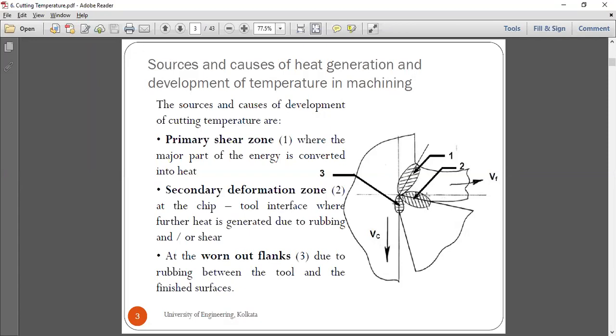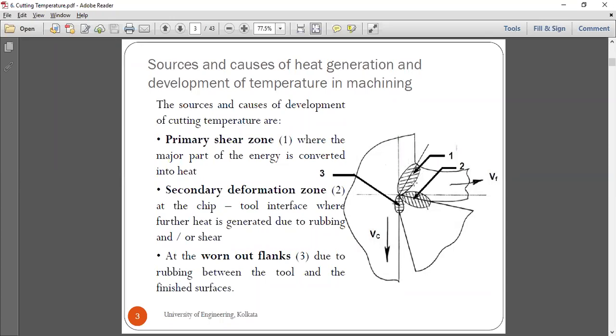So the chip, as it is moving away, rubs with the rake surface of the tool, and some amount of heat is generated, and the maximum heat is carried away, as you can see, by the chip. So there is heat generated on the chip end as well as on the tool end.